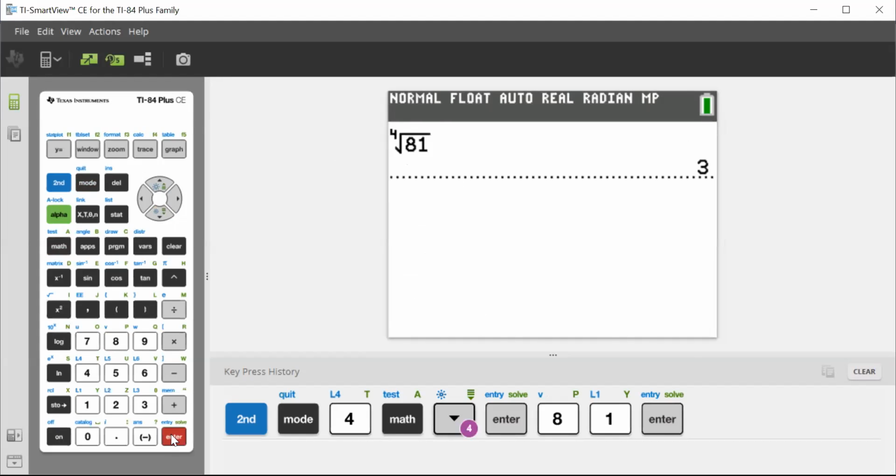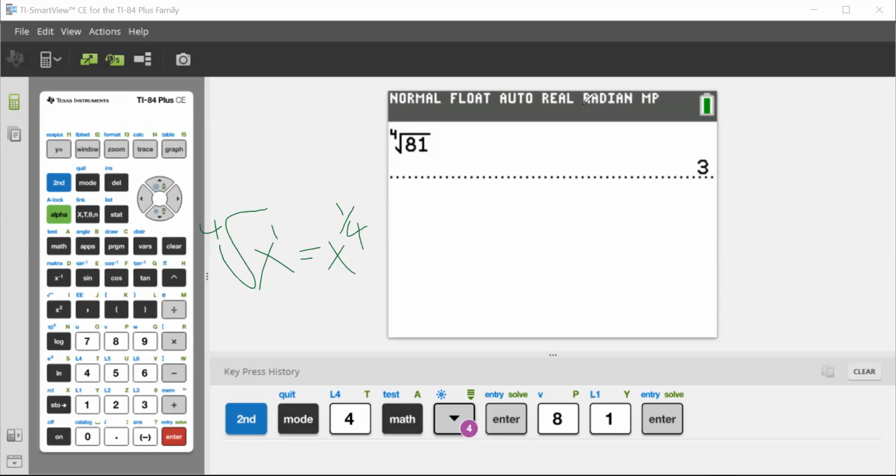Another thing we can do, if you recall from earlier in the quarter, is that the fourth root of x can be rewritten as x to the 1/4. Taking the fourth root of a number is the same as raising that number to the 1/4 power.